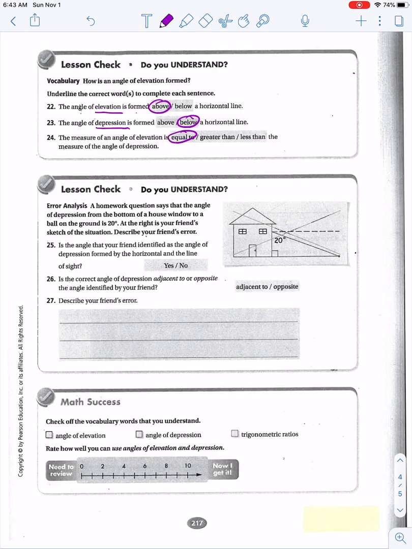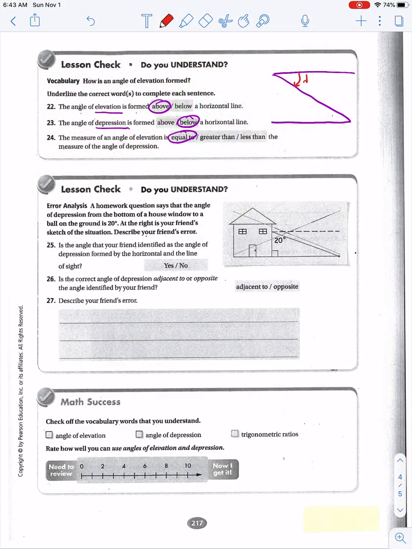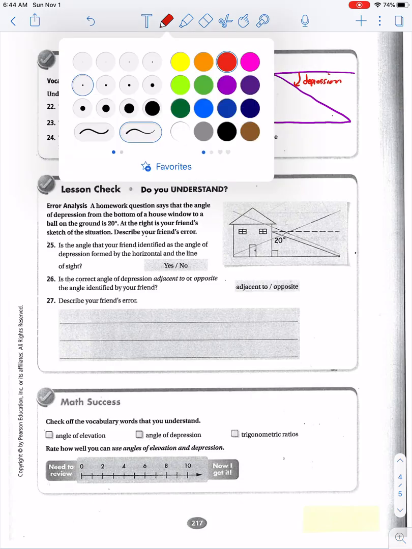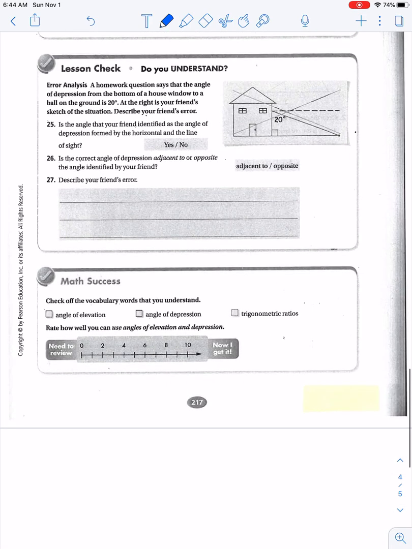And that goes along with the idea I mentioned on the previous sheet, that if you have an angle of depression up here, then it should correlate to the angle of elevation here, because of alternate interior angles back from your geometry days. These would be parallel lines. Cool. Isn't it fun when math just all connects?